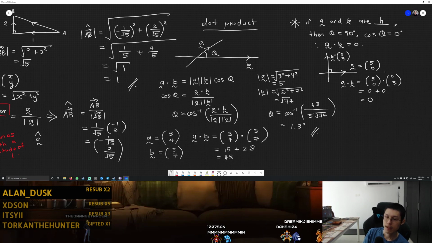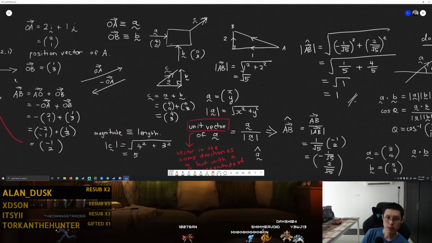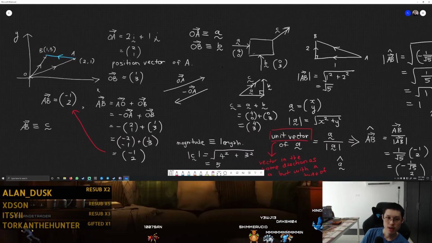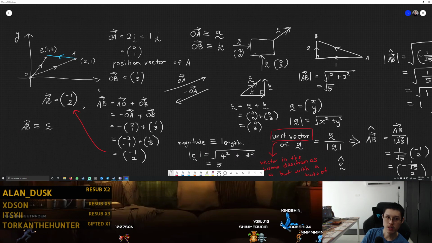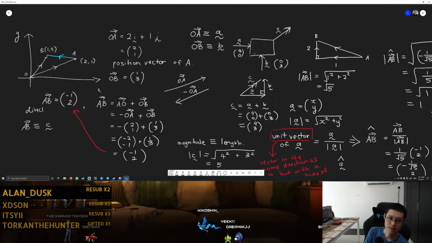Okay? There's actually something I forgot to mention. So we just go back over here. If you have a vector that starts from the origin, we call it the position vector, right? However, if you have a vector that does not start from the origin, for example, vector AB here, we call this the direction vector.